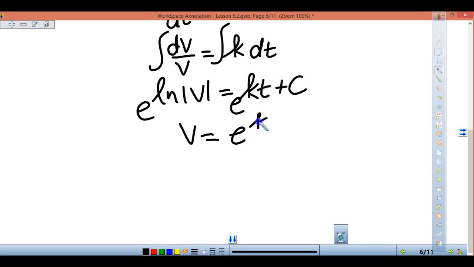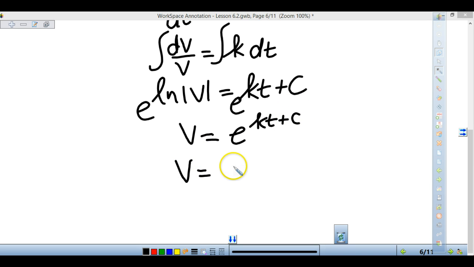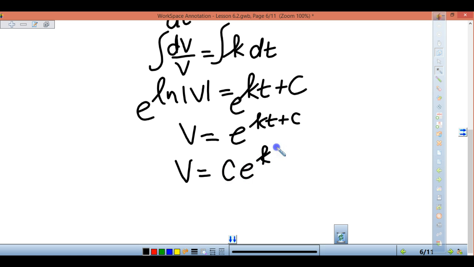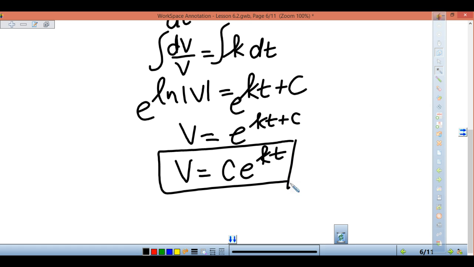Just as a quick reminder, even though this plus c is up in the exponent, this constant can be brought down like that. So this is in the form v equals c e to the kt. Although this form might not seem familiar to you, this is actually very similar to the PERT equation that you use starting in Algebra 2. So it looks a lot like that.